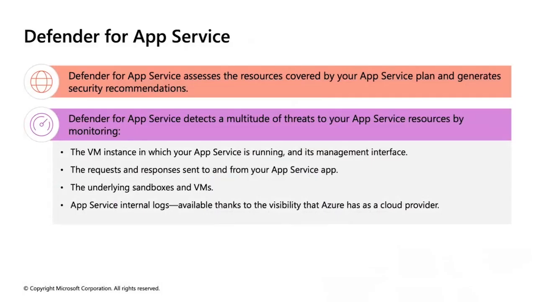Because in the backend, the app service we are using is running on a hidden backend VM instance. So this will monitor the app service environment and give you protection not only for app services, but also for the underlying VM or whatever sandbox you have in the backend.